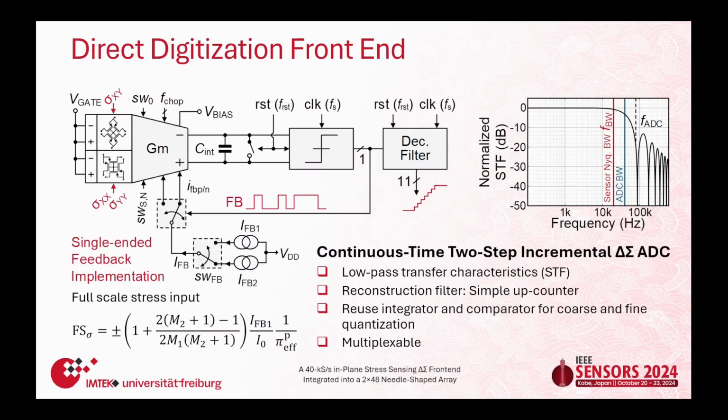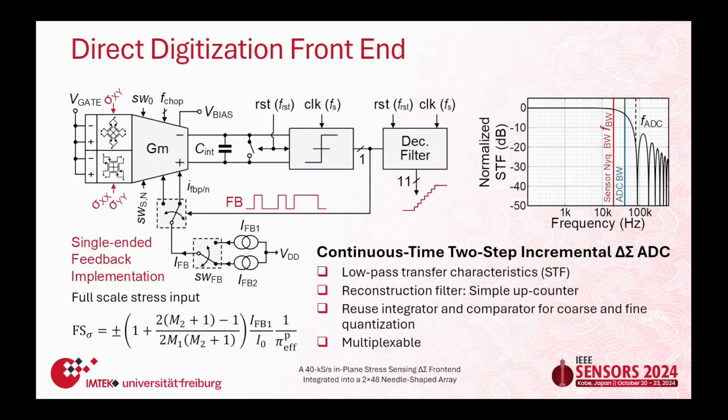The voltage is then compared to a reference. Depending on whether we are larger or smaller than 0, the quantizer is going to make a decision. And depending on that decision, we apply some feedback pulses. In that case, it's a current feedback, which is controlling our current signal to 0. There's a second feedback current source here at the bottom, and that is used for the so-called two-step implementation I'll show you in the next slide.